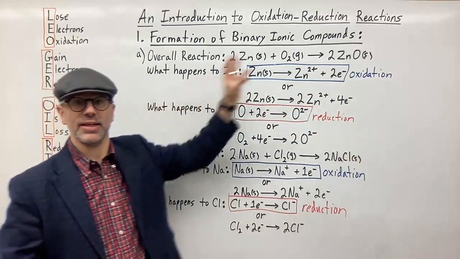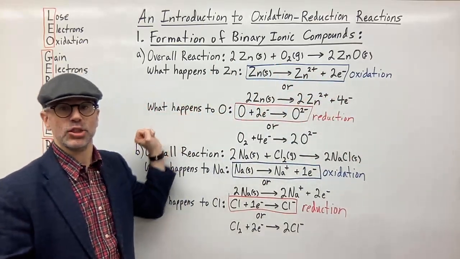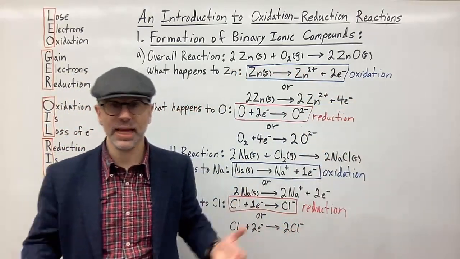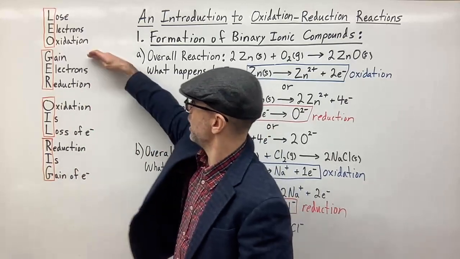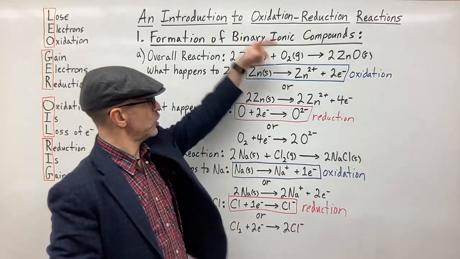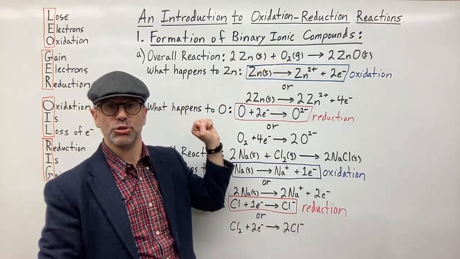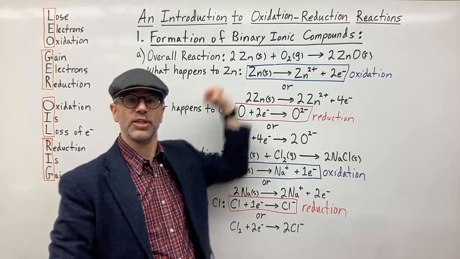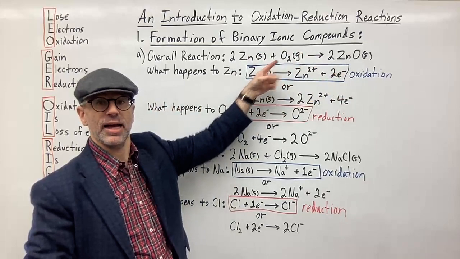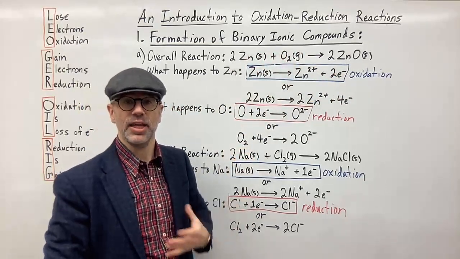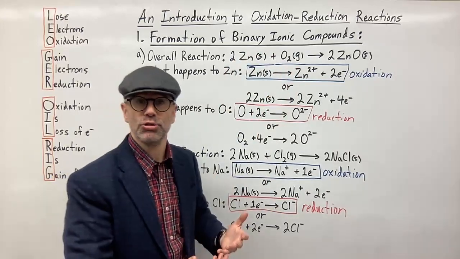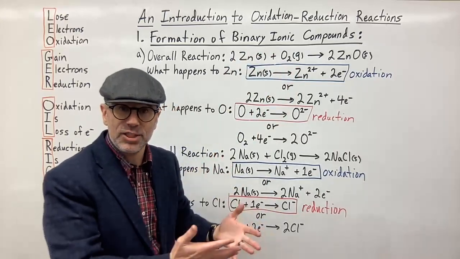By giving the electrons to oxygen, it is causing oxygen to gain electrons. Well, what is the gaining of electrons? The gaining of electrons is reduction. So zinc is causing oxygen to become reduced by giving its electrons to oxygen. Oxygen is taking the electrons. Therefore, zinc is causing oxygen to be reduced.